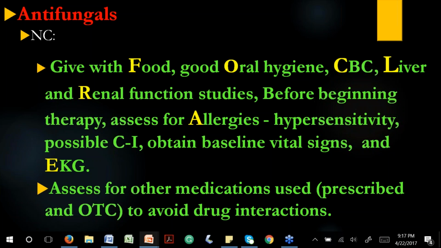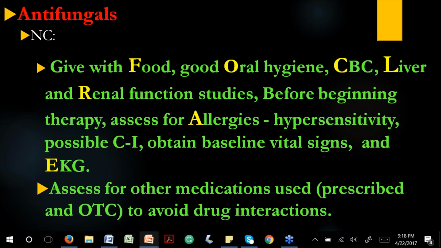Okay, so assess for other medications, prescribed or OTC, to avoid drug interaction. What is the main thing? One of the most common is the azoles, the ketoconazole, the miconazole, all the azoles. And these azoles can interact with warfarin, right, with anticoagulants. And you already know from a previous lecture that we have herbals like ginseng, ginger, and garlic.